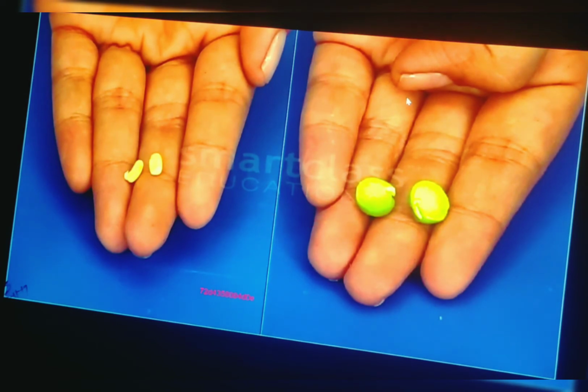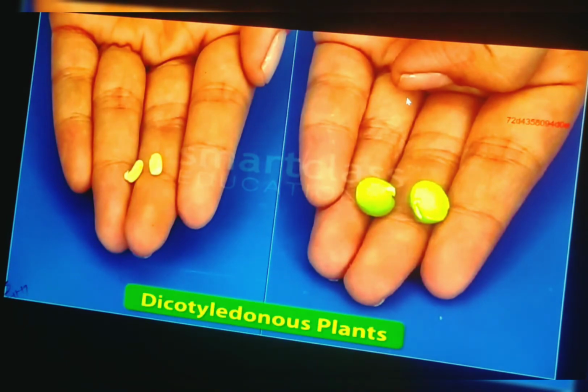These are known as seed leaves or cotyledons. Since seeds of mung and pea show 2 cotyledons, they are known as dicotyledonous plants.